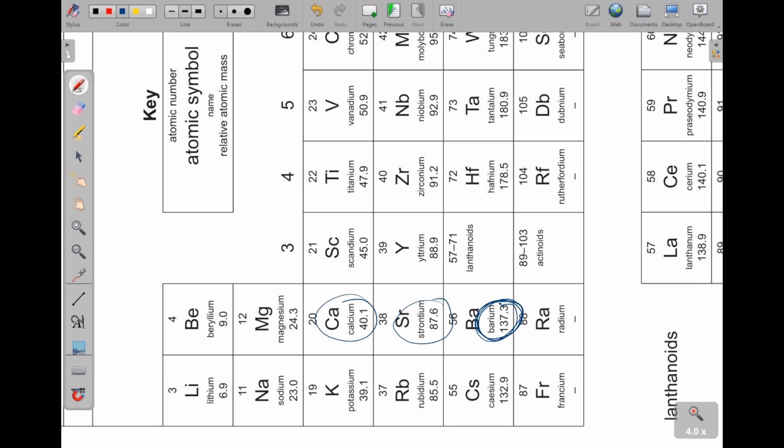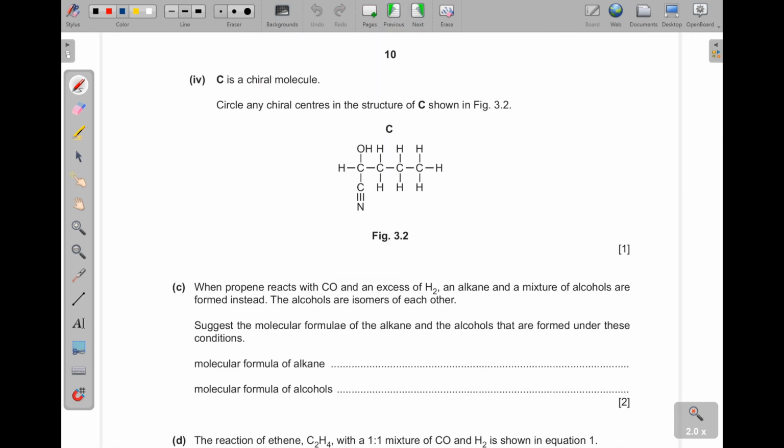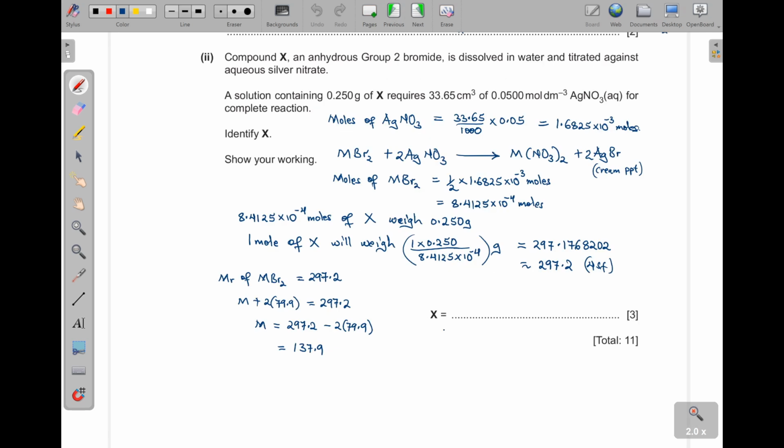And the one we have is 137.4. That means M is barium. So I'll go back and write barium here. This one corresponds to barium. Now X is barium bromide. As simple as that.